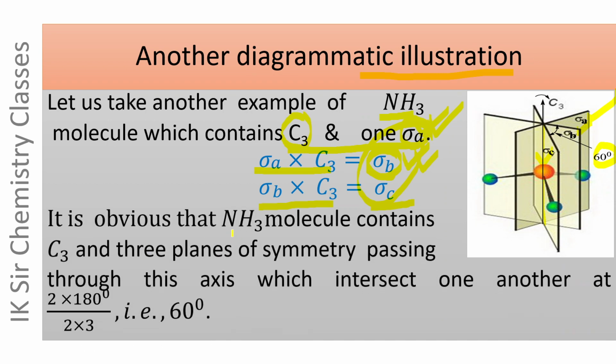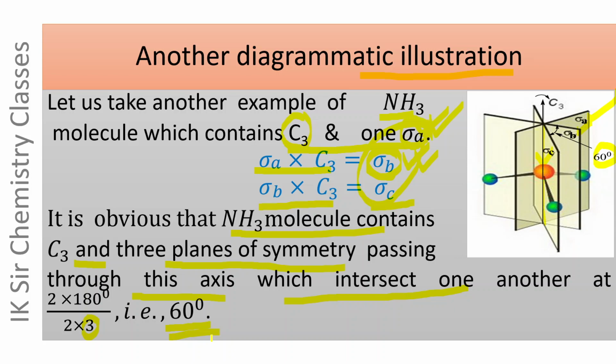It is obvious that the NH3 molecule contains C3 and three planes of symmetry passing through this axis, which intersect one another at an angle of 2 pi by 2n. Here the value of n is 3 and the net result is 60 degree.